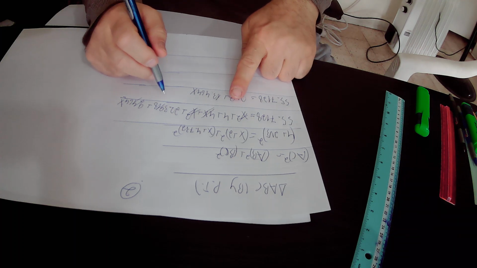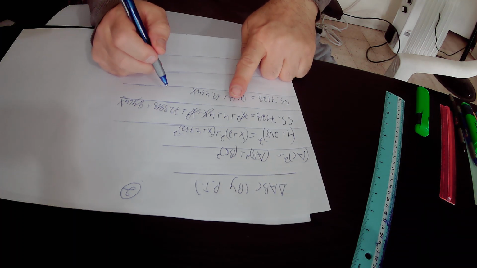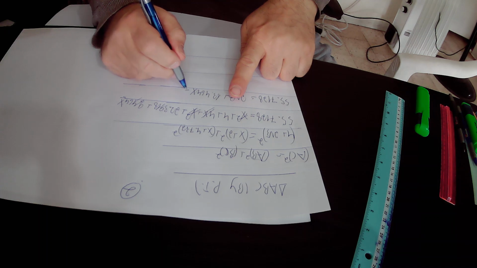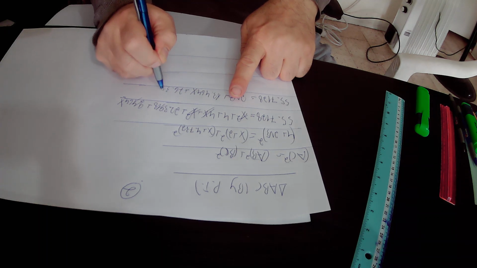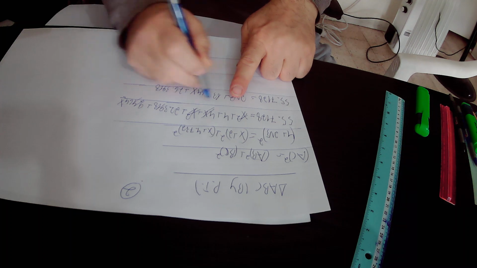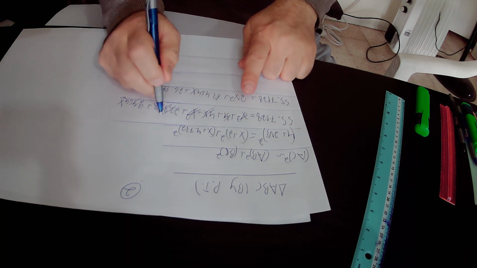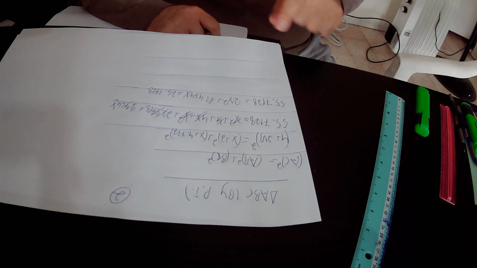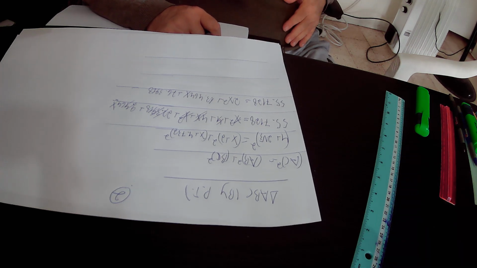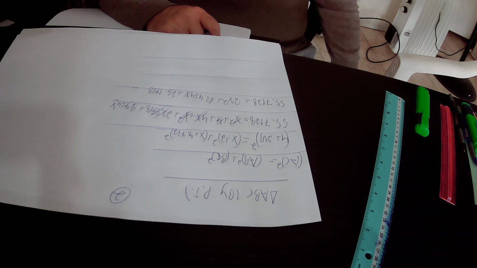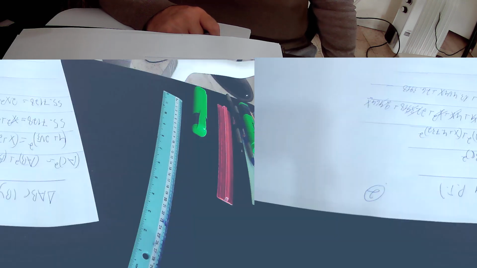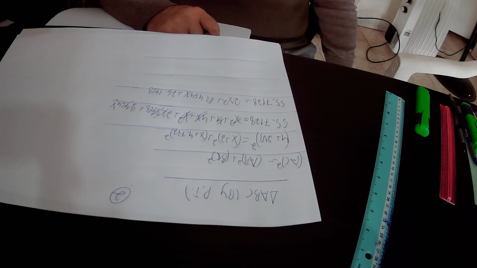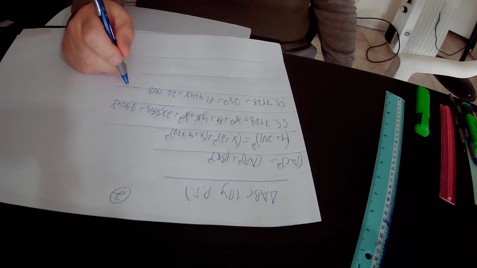And finally we have 4 plus 22.3918, that is 26.3918. In conclusion, we find that 55.7128 equals 2x squared plus 13.464x plus 26.3918. Here we subtract 55.7128 from this equation.